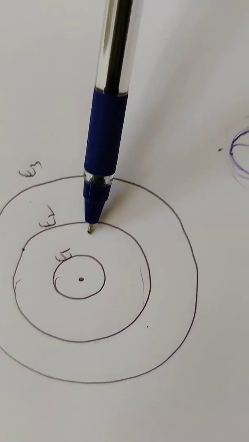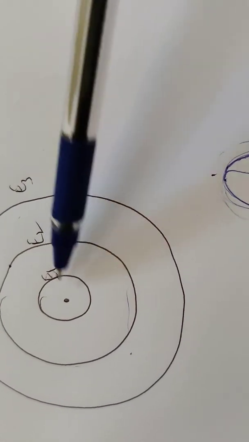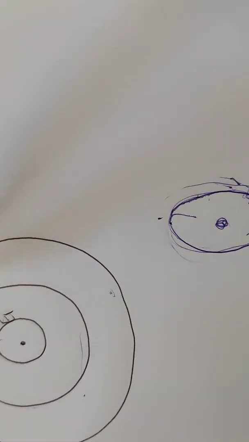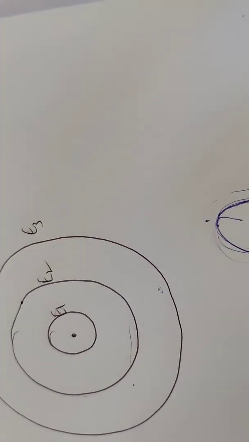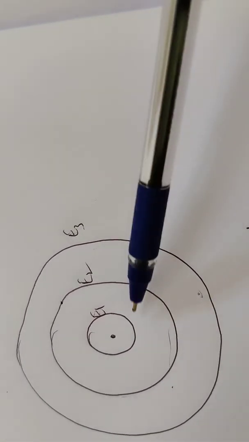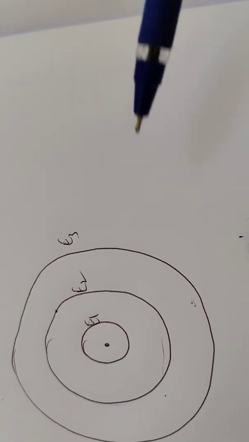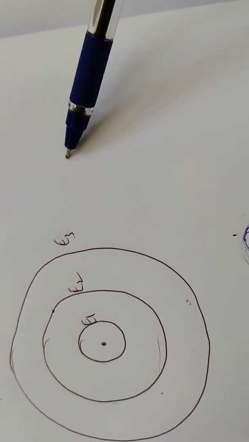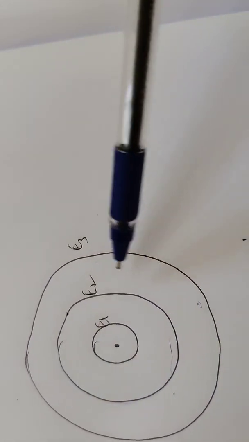At a given time we can find the region of space around the nucleus where the probability of finding an electron is maximum, and that is known as an orbital. Orbits mean energy remains the same, but orbitals mean you can find the position of an electron inside these stationary orbits.